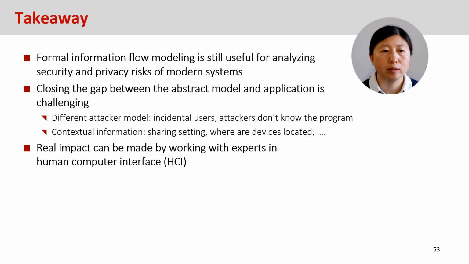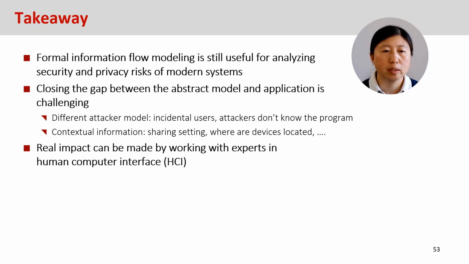Through our analysis, we found out that actually there are quite different attacker models. We have to consider incidental users. We have to consider situations where the attacker doesn't know about the program, but may be able to deduce parts of the program. To be able to accurately understand harms, we have to collect a lot of contextual information, including sharing setting, where device is located, and so on.